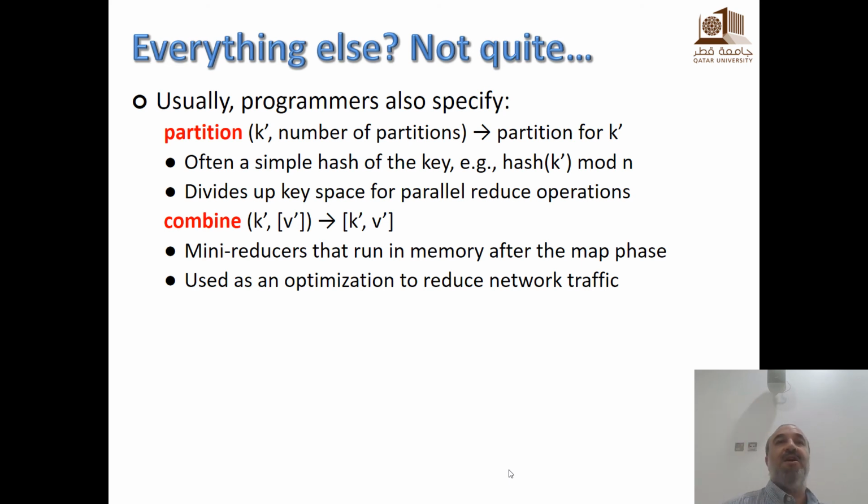So let's say that one of the keys got the number 13, and we have 7 reducers. This will be assigned to reducer number 6, because 13 mod 7 is 6. So it will always be assigned to one of the reducers from 0 to n minus 1.